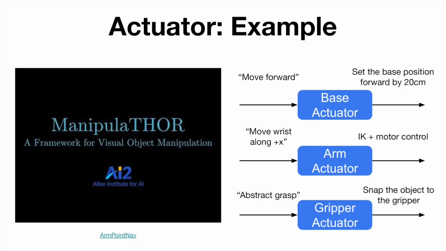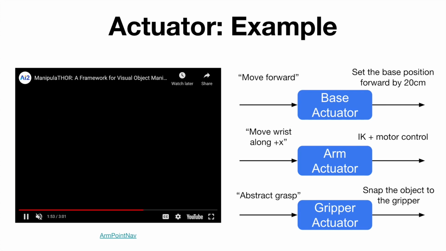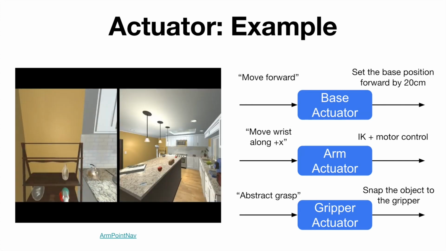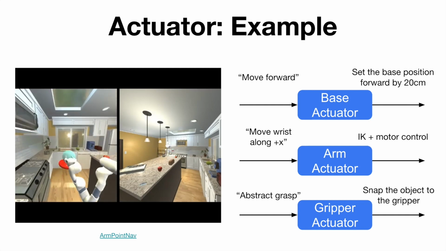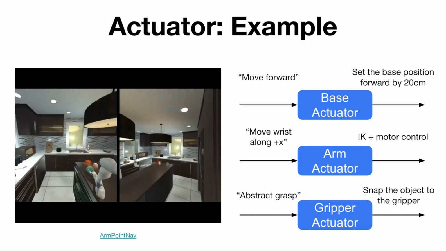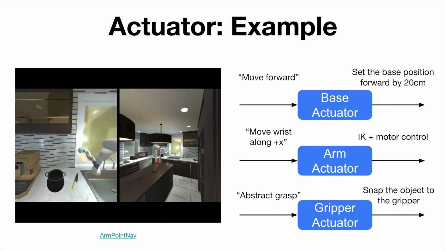Here, we show an example of actuators implemented in Manipulasaur. The base actuator takes a discrete action as input, say, move forward, and sets the robot pose to a pre-computed navigable grid position on the floor. This process is non-physical. Similarly, the arm actuator receives a discrete action, say, move wrist along the positive x-axis.